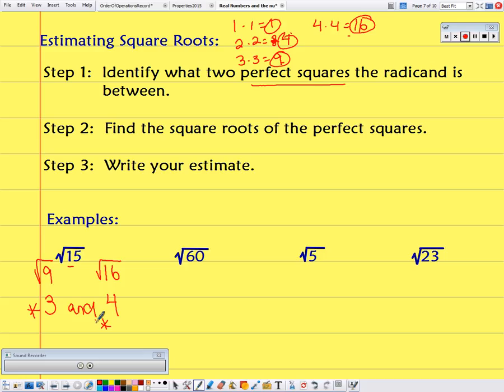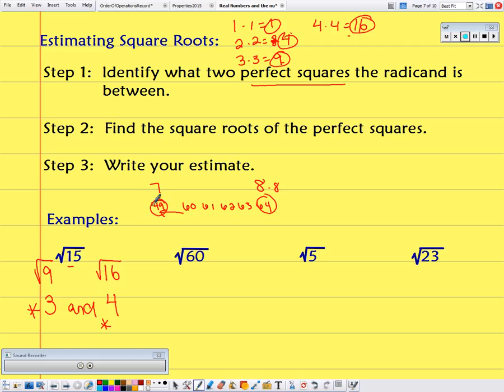So how about the square root of 60? Let's see. We have 60, 61, 62, 63, 64 is a perfect square. That's 8 times 8. If 8 is our larger one, that means 7 is our smaller one, which is 49.